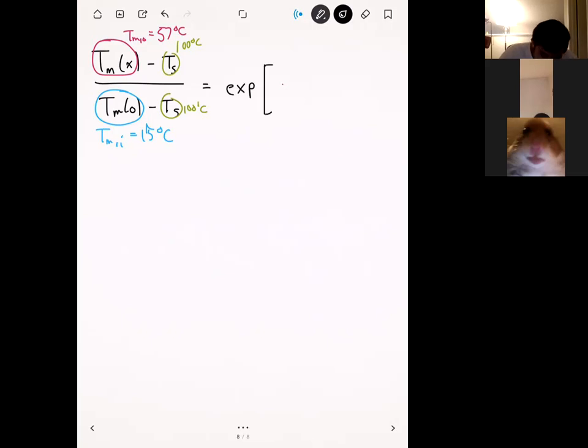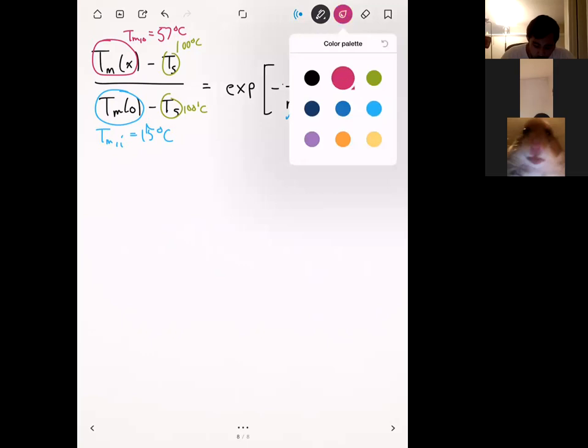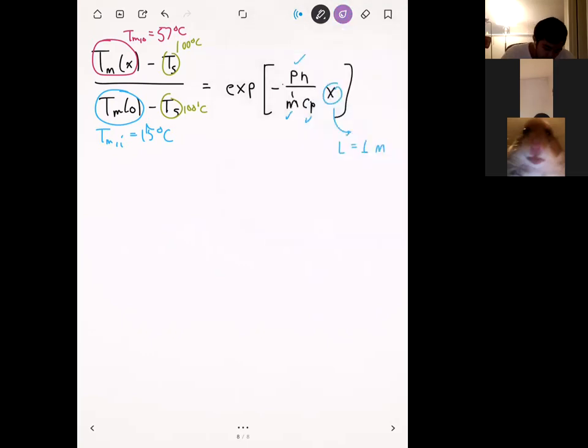On this side, we have exponential of minus P times h divided by m dot Cp times x, where again we have everything on this side. x is the length of our tube, which was 6 meters. m dot and Cp we have from the problem, and the perimeter we can easily compute from the diameter. All we have to do is manipulate this a little bit and solve for h.